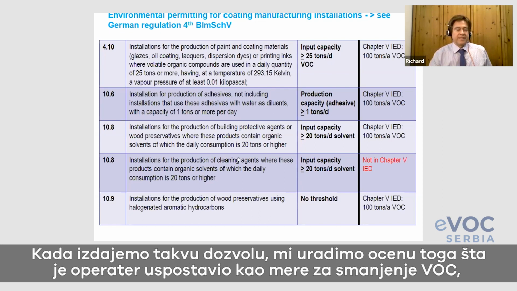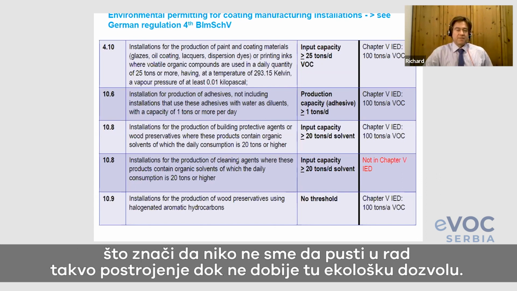When we do that permitting, we do an assessment of what the operator has established or installed as measures for VOC reduction. That means nobody may operate such an installation before he has received the environmental permit.